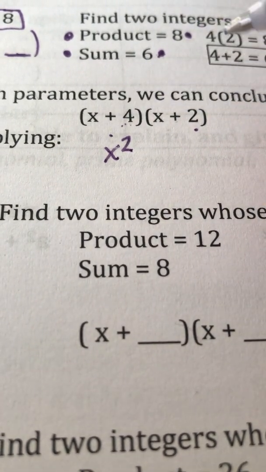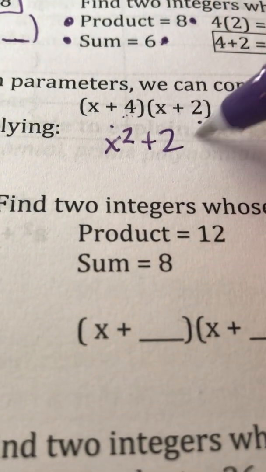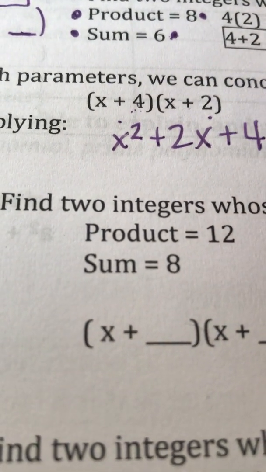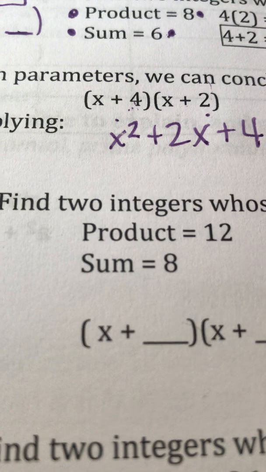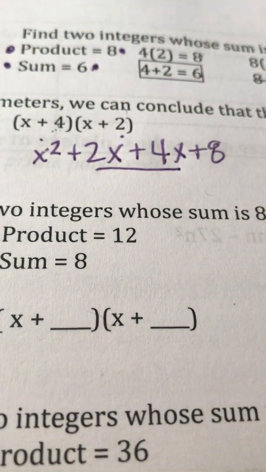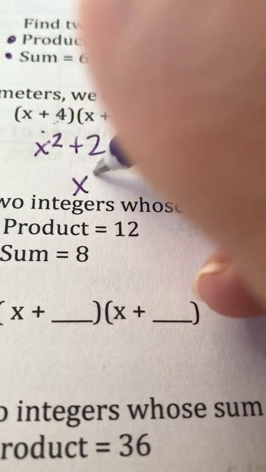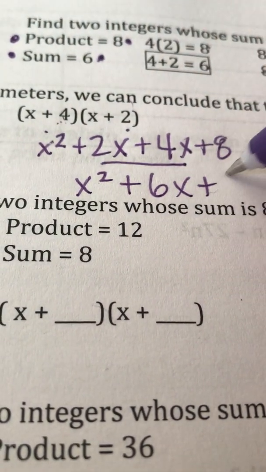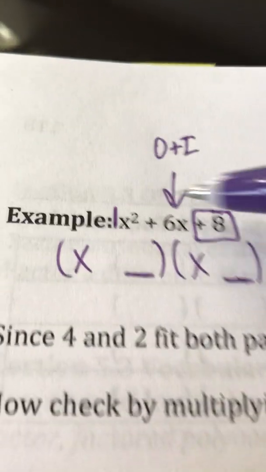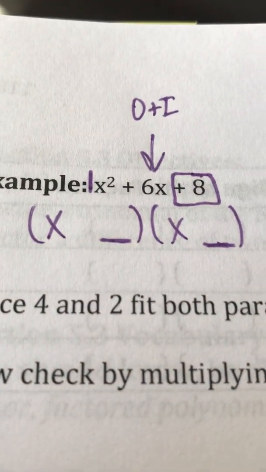Outside, x times 2 is plus 2x. Inside, 4 times x is plus 4x. And the last, 4 times 2 is plus 8. These are like terms, so we can combine those: x squared plus 6x plus 8. And that is the same as what we had here.